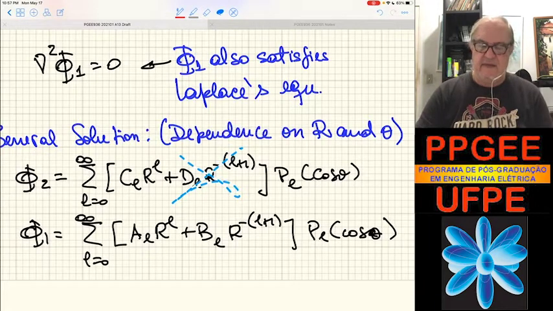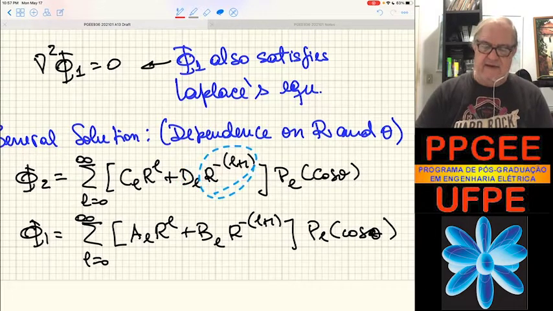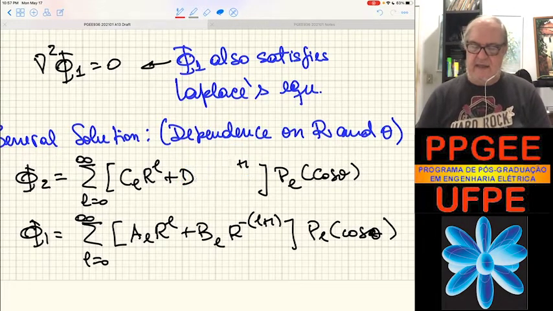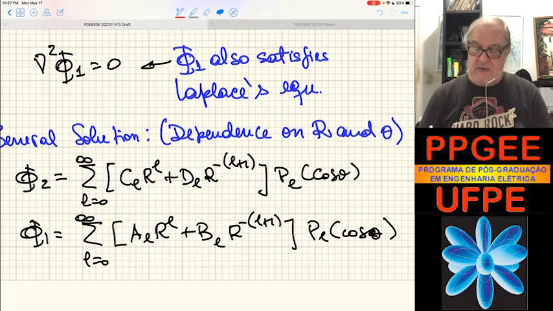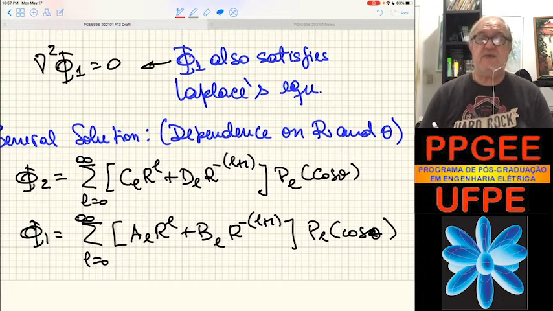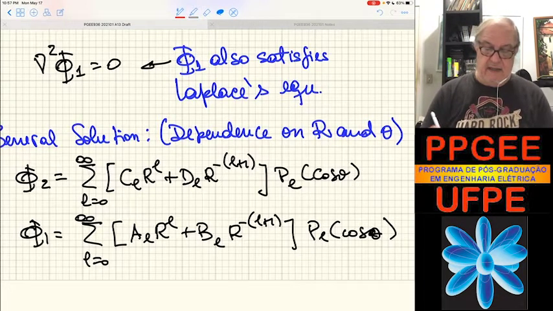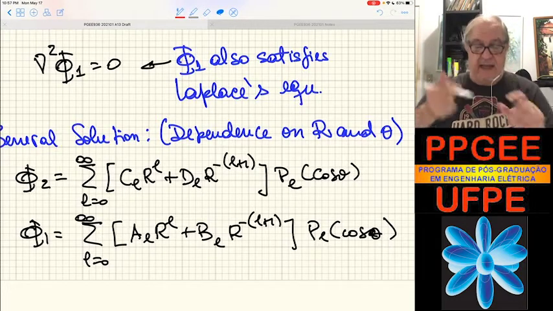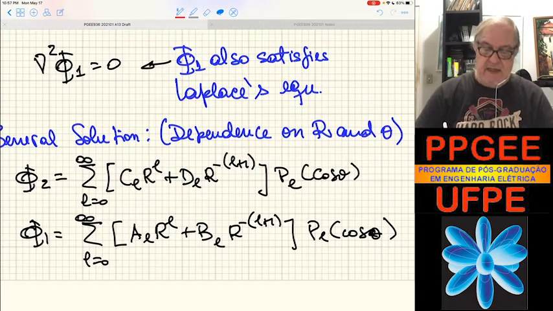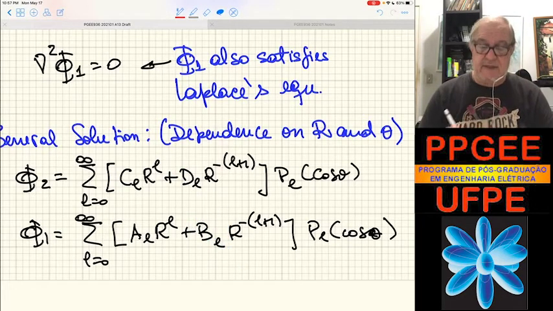We are going to cut this off. I mean, the negative power term has to be 0, because otherwise we have something that blows up at the origin. I'm sorry, I mixed this up. This is a solution outside, right? So this is a solution inside. So inside, BL has to go to 0. And outside, the potential has to go to 0 as r goes to infinity.